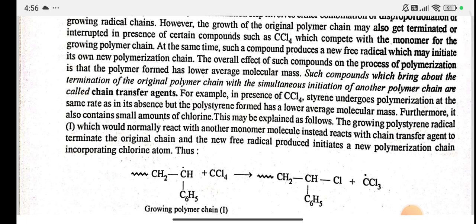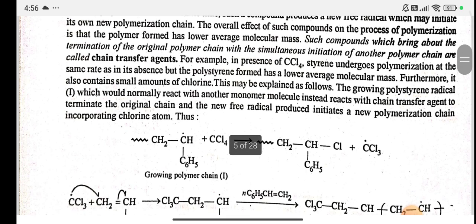At the same time, such a compound produces a new free radical which may initiate its own new polymerization chain. The overall effect of such compounds on the process of polymerization is that the polymer formed has a lower average molecular mass. Such compounds, which bring about termination of the original polymer chain with the simultaneous initiation of another polymer chain, are called chain transfer agents.